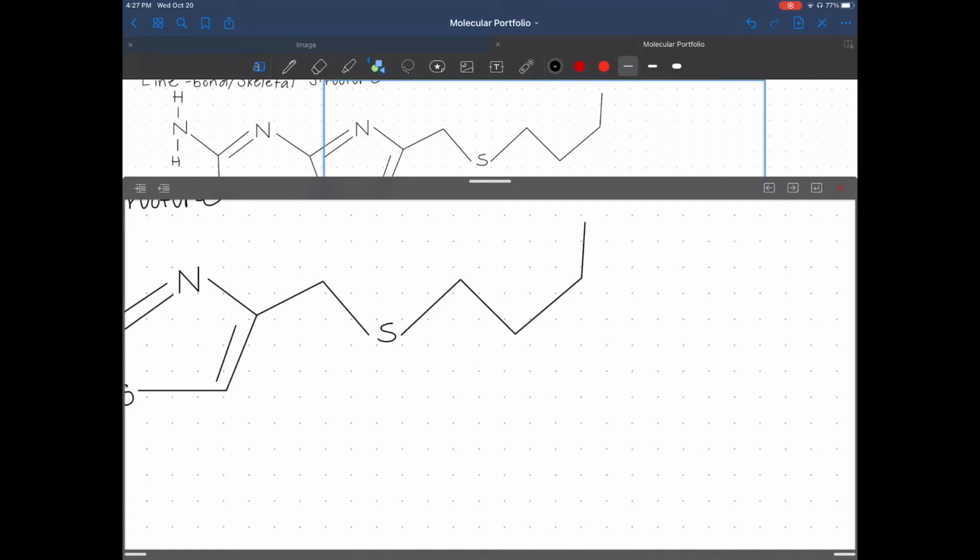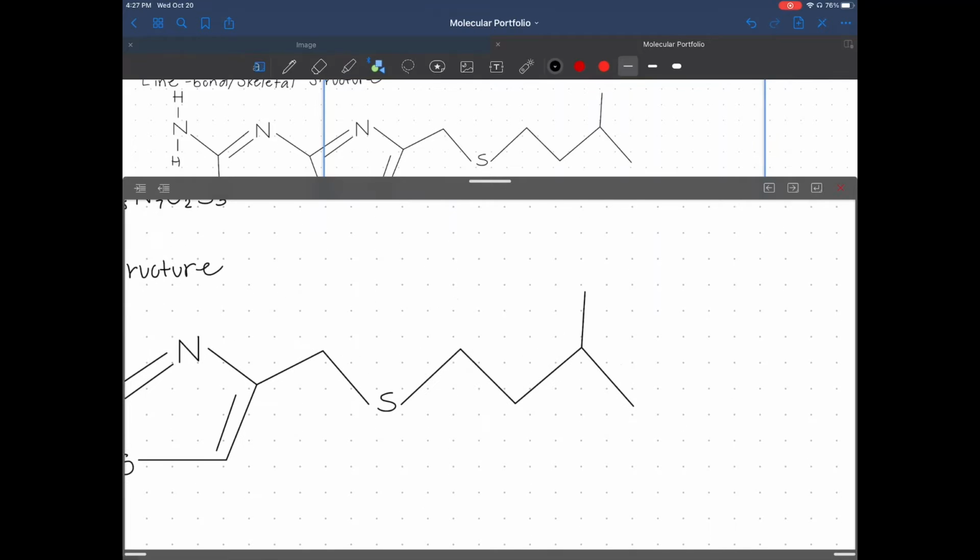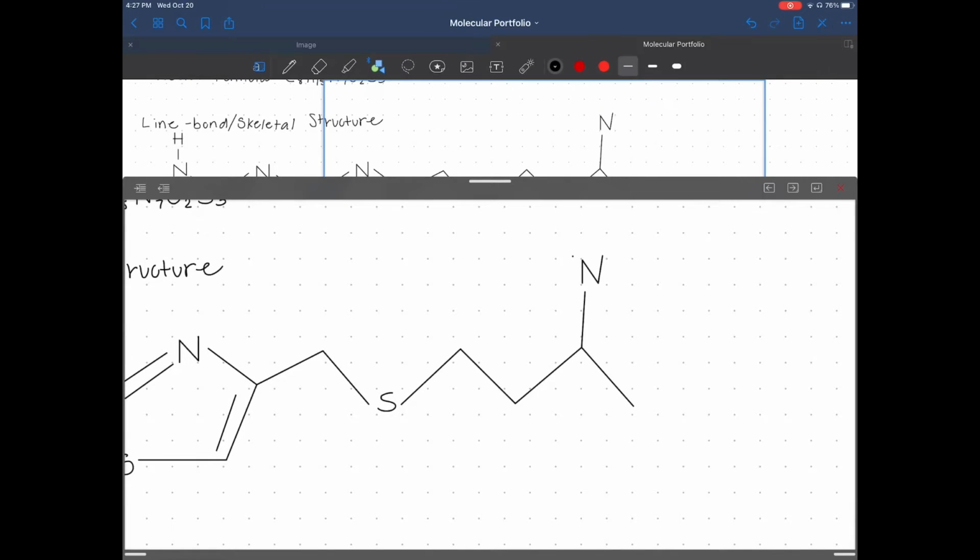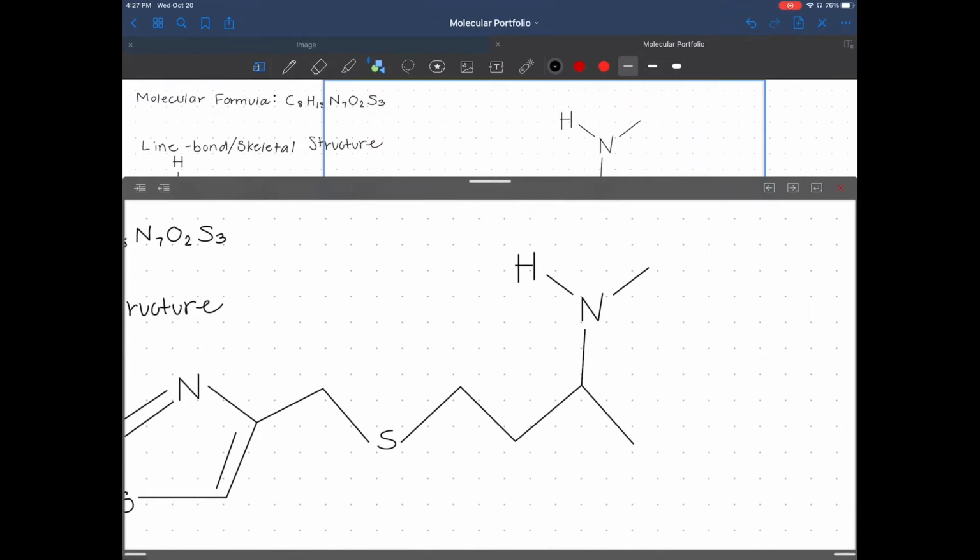All the atoms want to have an octet, which means 8 valence electrons around them. And that is shown with the single and double bonds and the lone pairs.